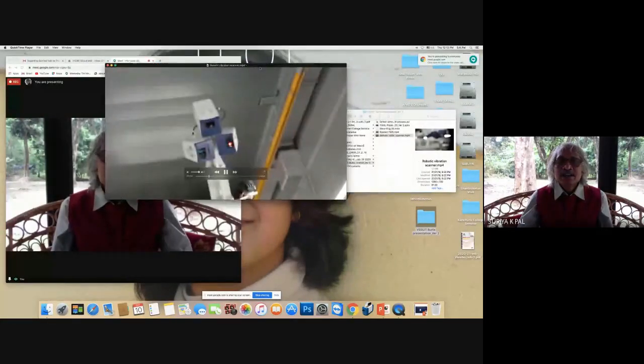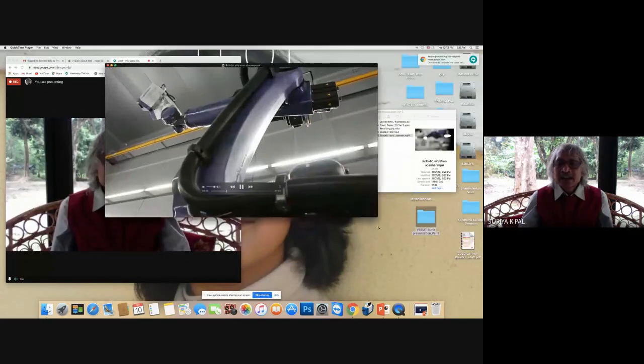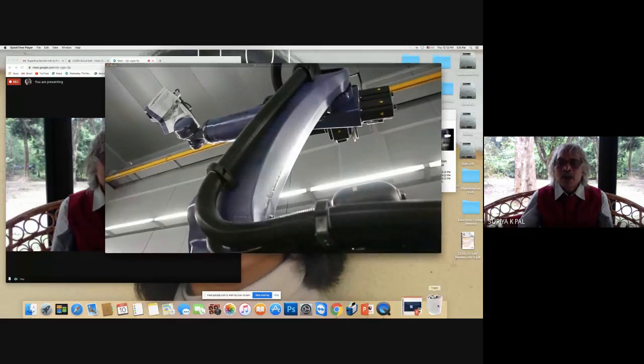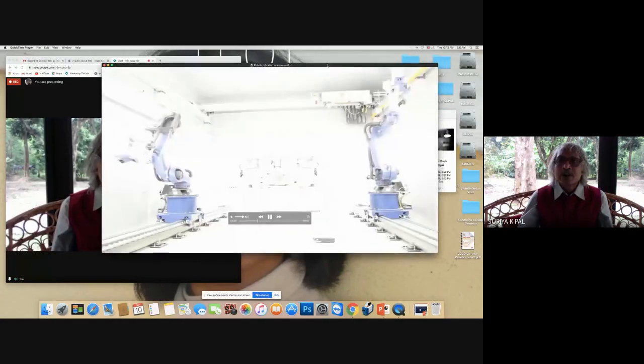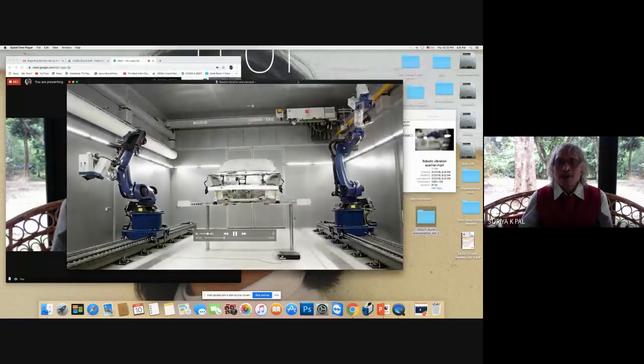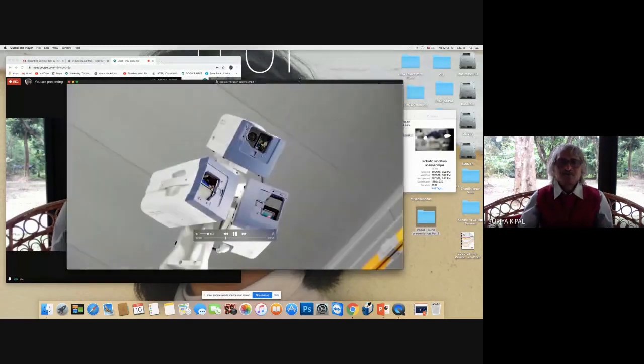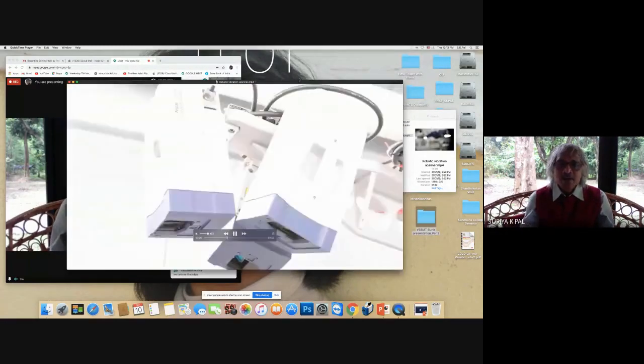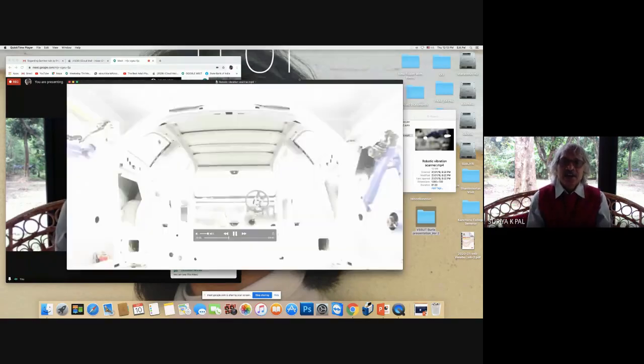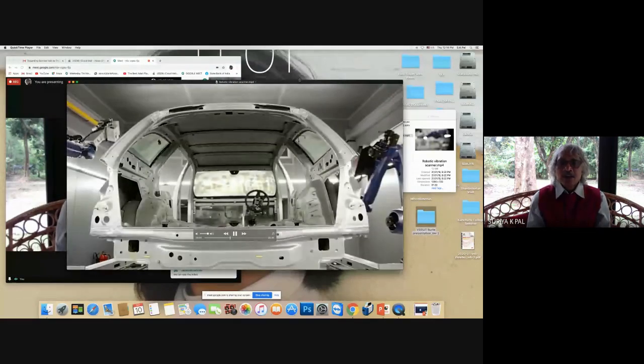So now it is the robotic facility. It is not a facility of ours, but we have procured the same facility and are installing it. There you see the two robots. The laser scanner will scan the entire surface of the vibrating object. There is the chassis.